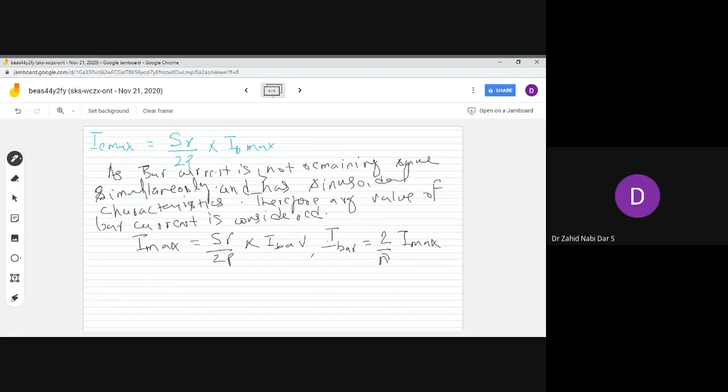So this value you have to substitute back there, so you will get the IE max value. IE max value will come around SR by 2P into 2 by pi into IB max. You can express the IB max value in terms of the RMS value.